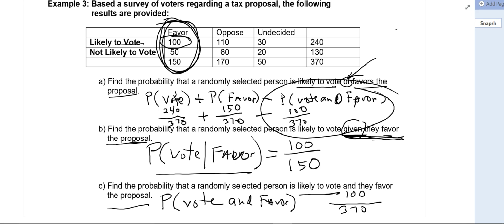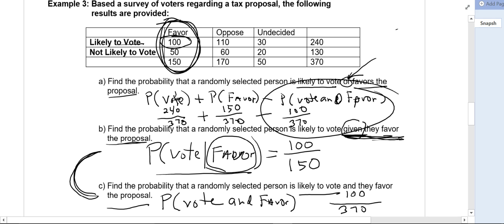Really the difference here that I want to emphasize is between B and C. In B, we are told they favor the proposal. So we change our sample space. In the third one here, we're asking, do they favor the proposal at the same time they are likely to vote? There is no additional information provided in this one. Moving on.